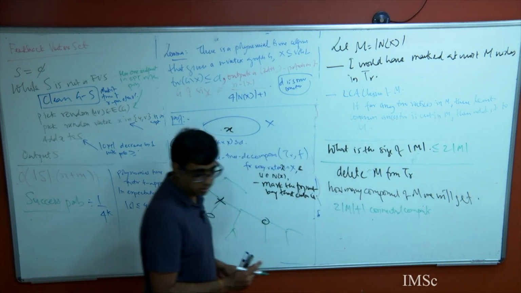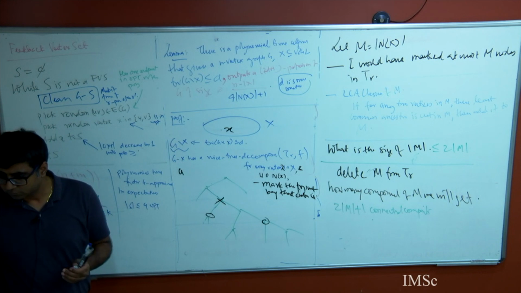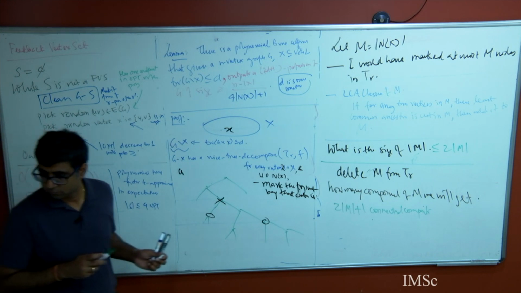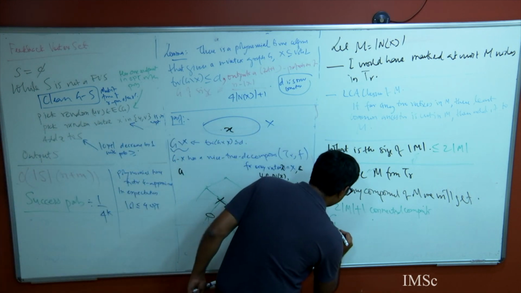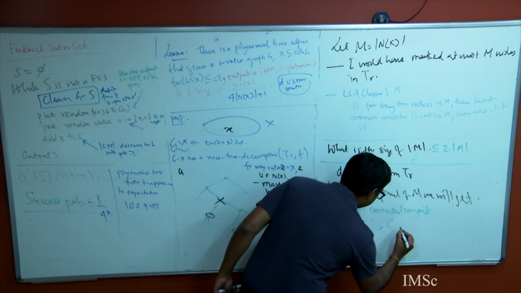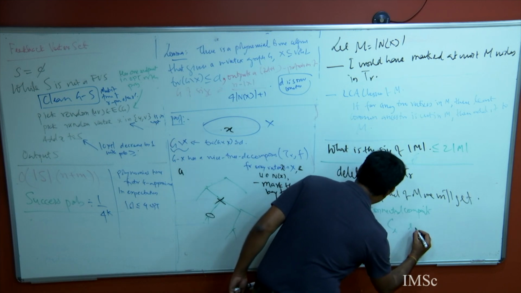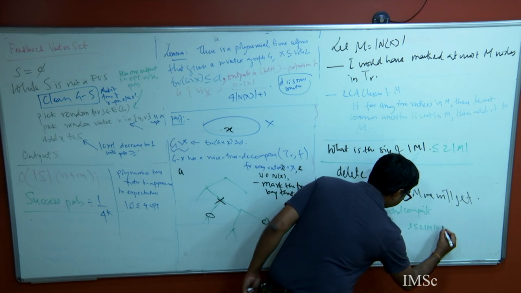So suppose these components are C1, C2, up to Cl, where l is at most 2 times M plus 1.